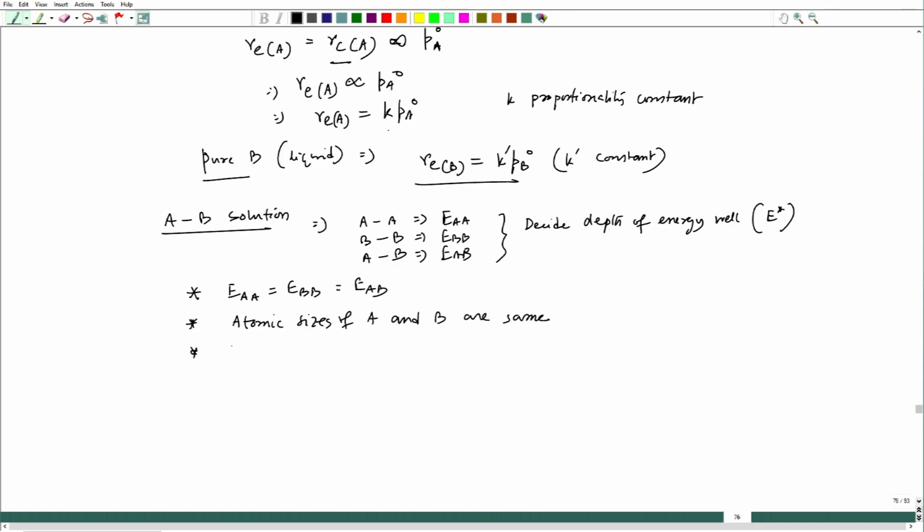Another thing is we take the composition, and how do we decide the composition in the case of a binary solution? Let us say this is a liquid solution.